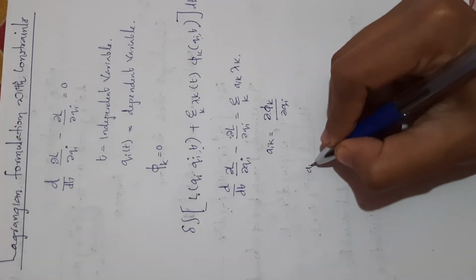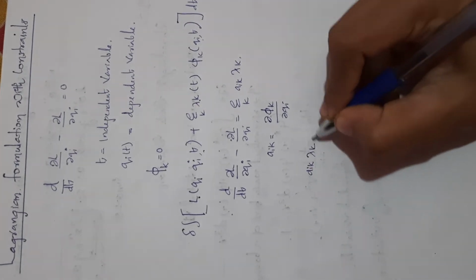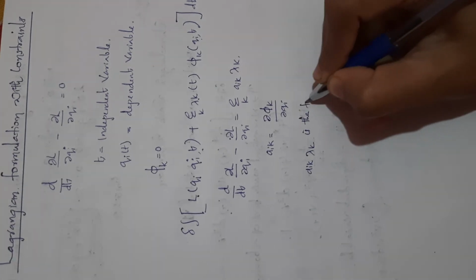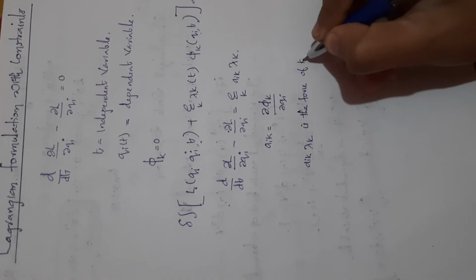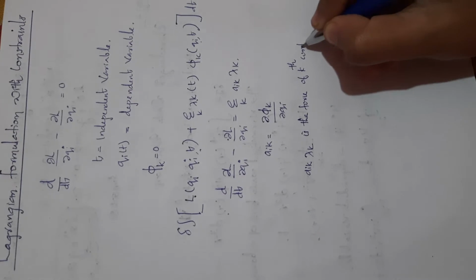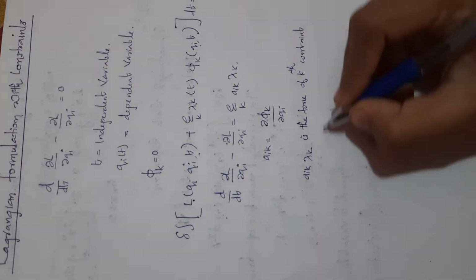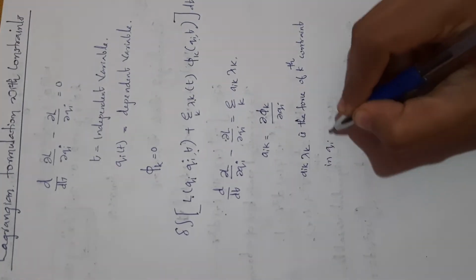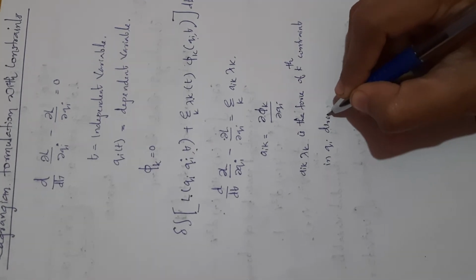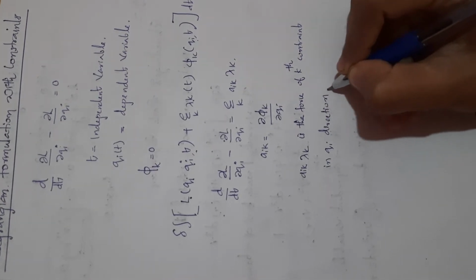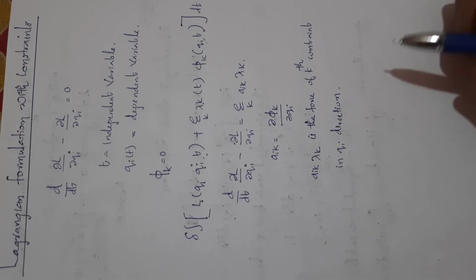Here aik lambda k is the force of the kth constraint in the Qi direction.